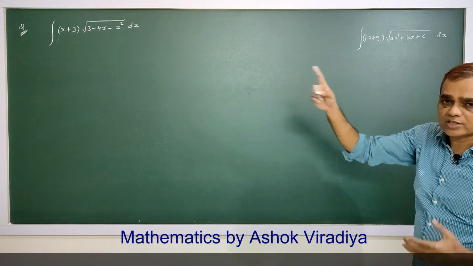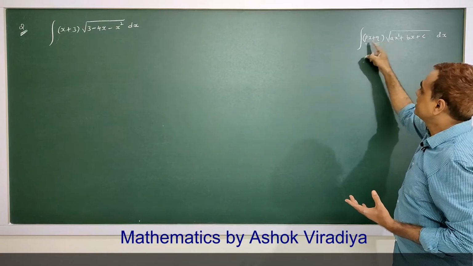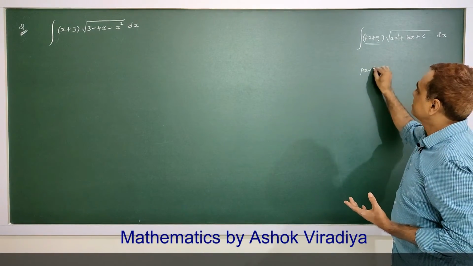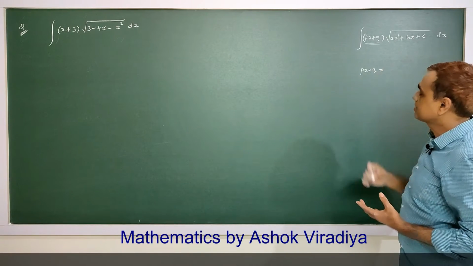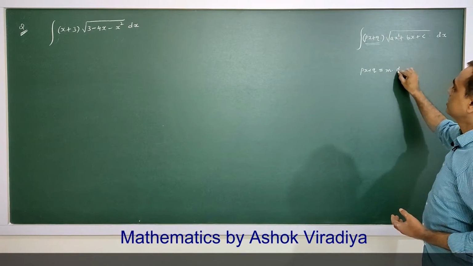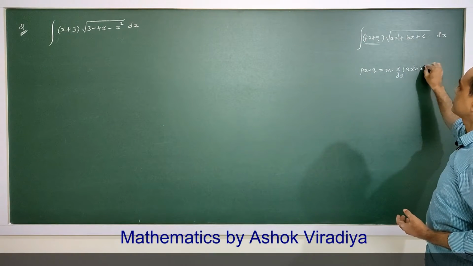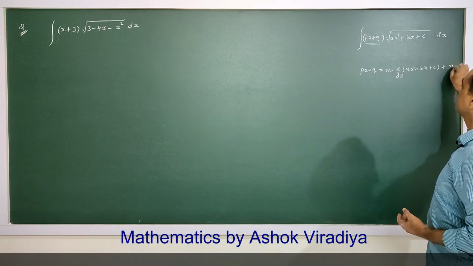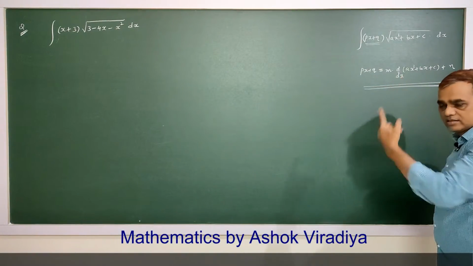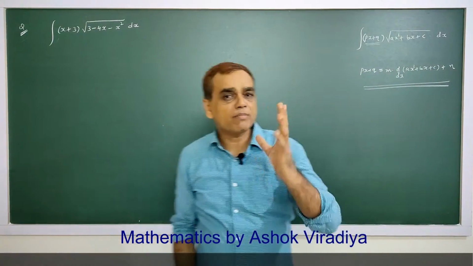To integrate such functions, any linear polynomial can be expressed as m into d by dx of ax square plus bx plus c plus n. This is the beginning. Remember this method. Only remember the beginning.